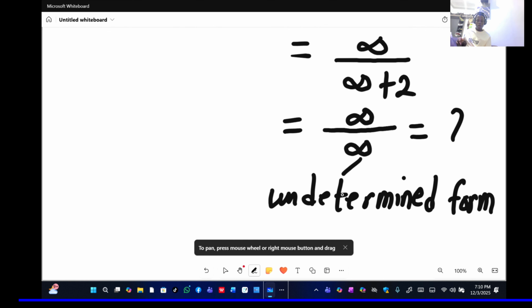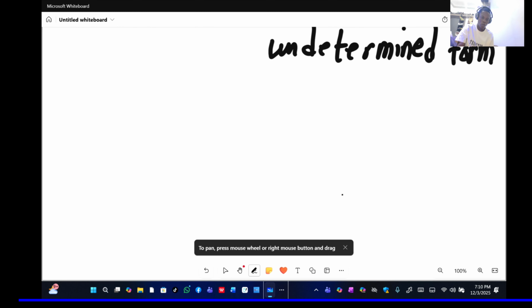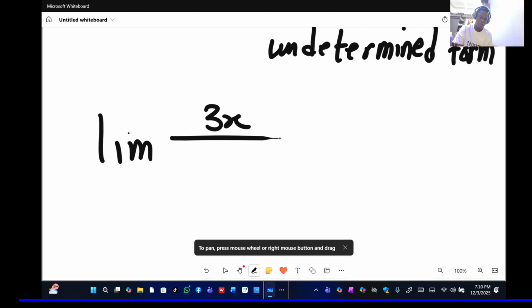All right. So let us get the correct method of evaluating any expression in the form that we have. So the expression given is the limit of the function 3x divided by x plus 2 as the input x approaches positive infinity.